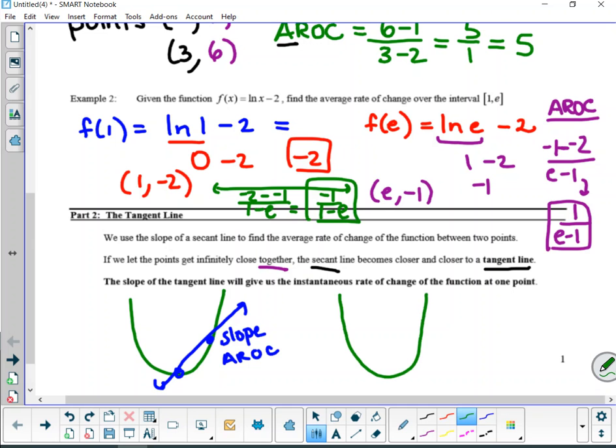But if I move the two points closer and closer together, the line that connects them, instead of being a slope through two points, essentially becomes a slope that you can calculate at a single point.